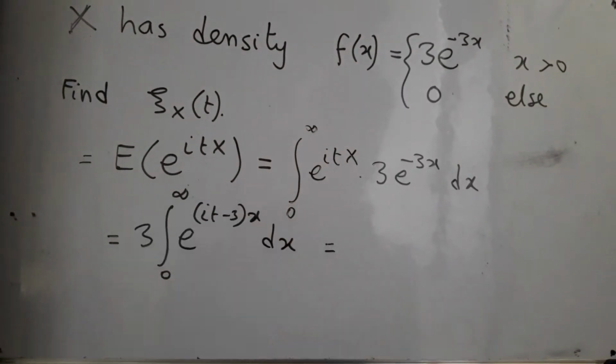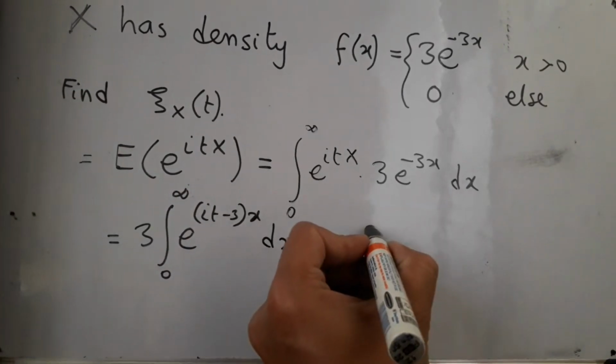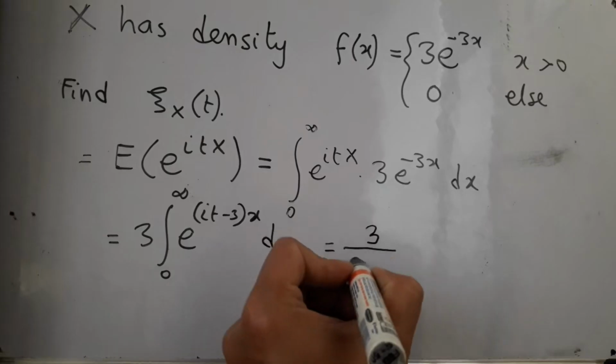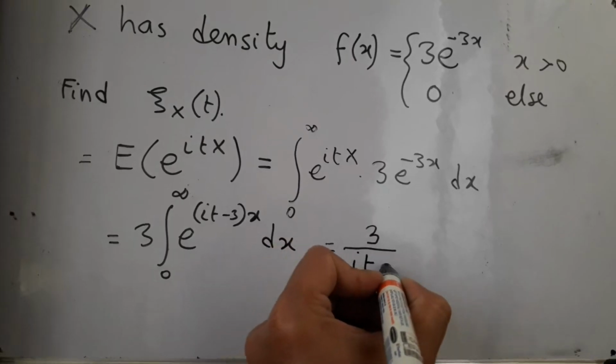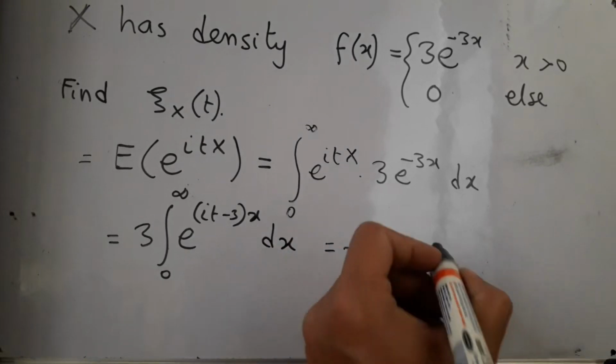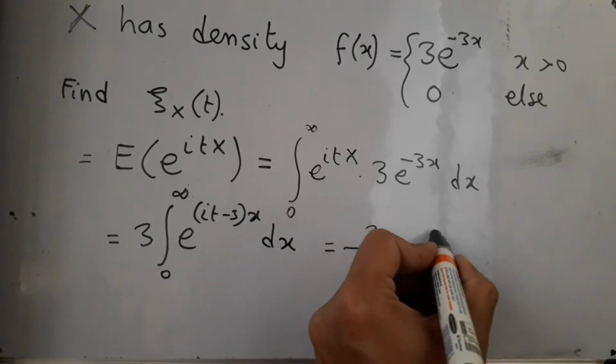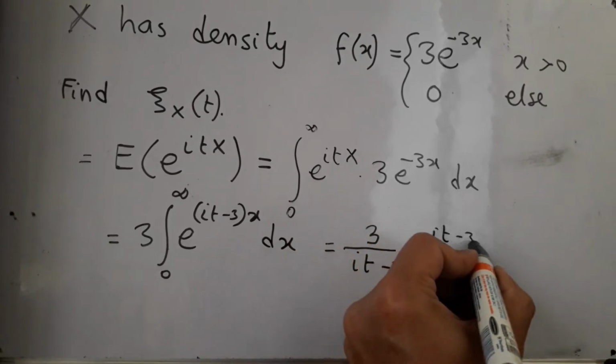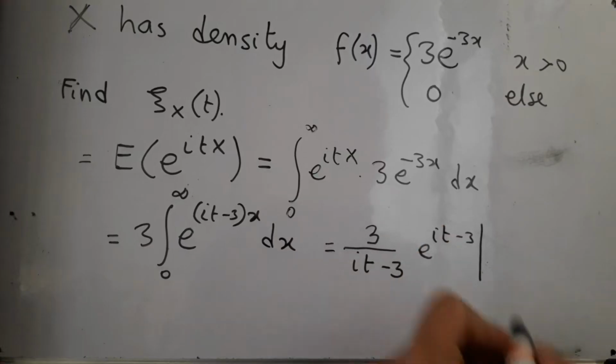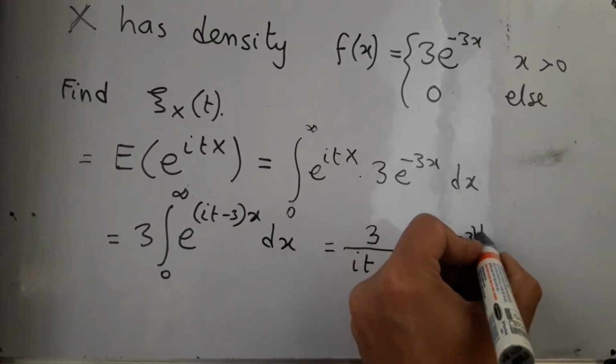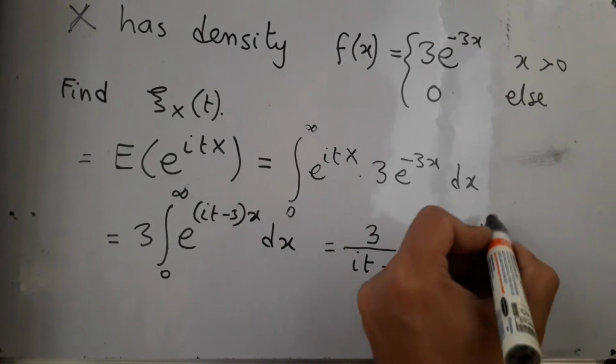Who cares that it is a complex constant? Treat it as just a constant and it will give you the correct result. So it will be 3 divided by (it minus 3), and then you will have e to the power (it minus 3) x, from 0 to infinity.